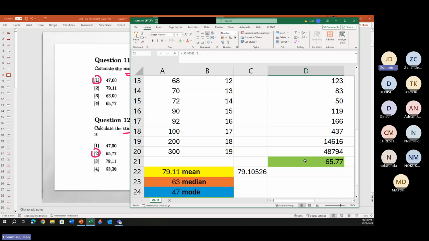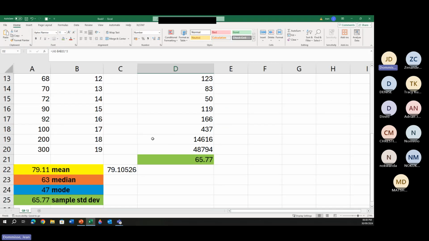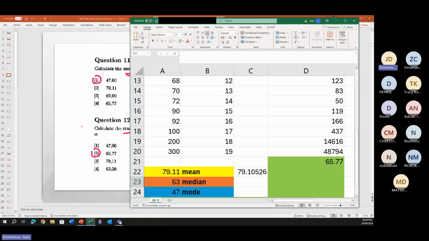So again, see if your calculator can do it, see if you have access to Excel, but see what is for you the quickest and easiest way of getting to some of these answers.